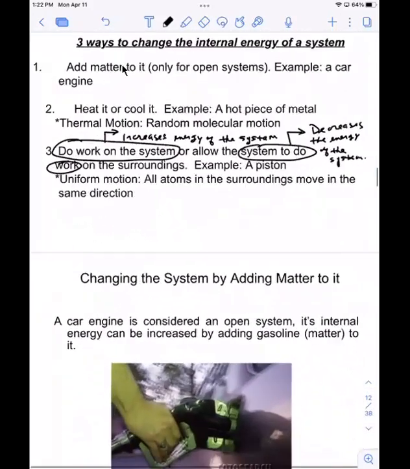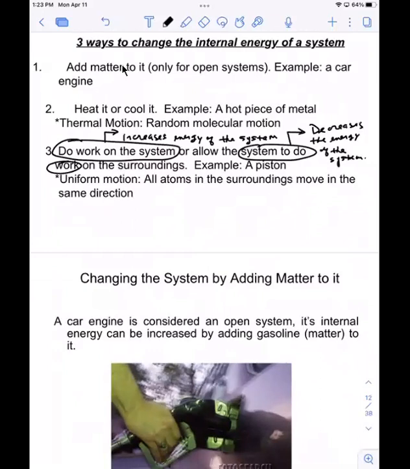Right? So let's look at some examples of that, and then we're going to move on to another concept dealing with work and energy and internal energy of a system.